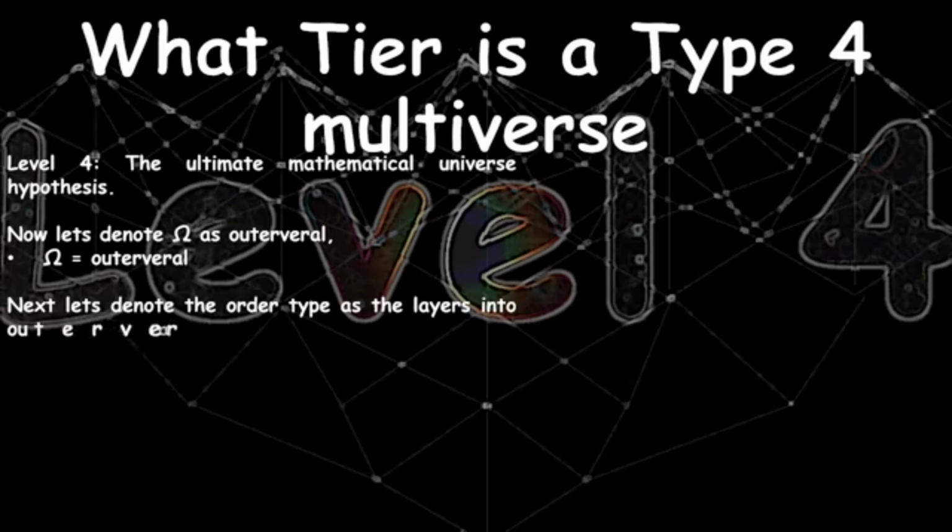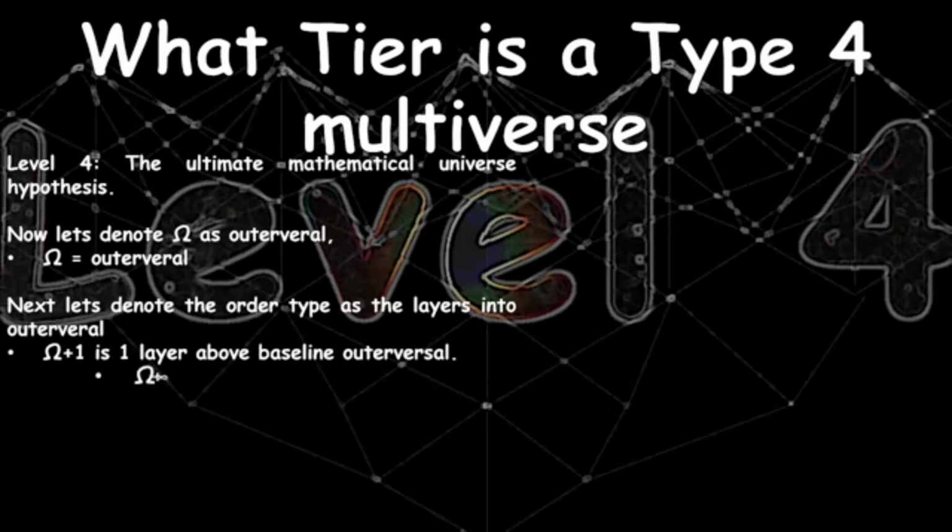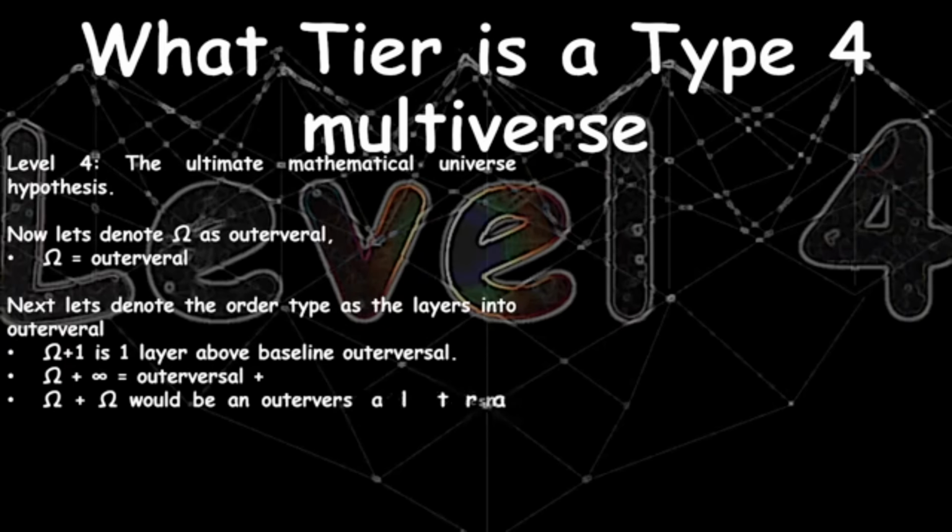Next, let's denote the order type, saying that layers into alderversal. So, capital Omega plus 1 is one layer above baseline alderversal. Capital Omega plus infinity is alderversal plus. So we have infinite layers above baseline alderversal. Capital Omega plus capital Omega would be an alderversal transcendence over alderversal.